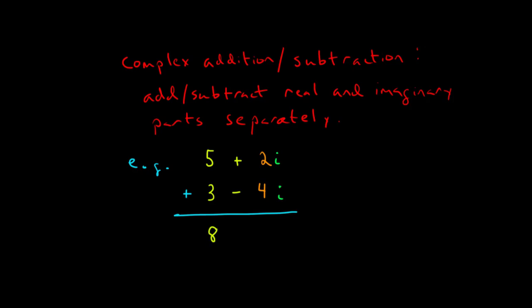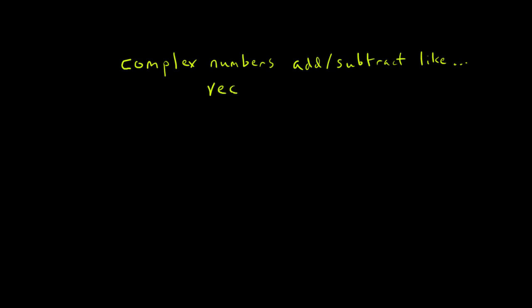I get 8, adding 5 and 3, minus 2 times i as my result. So what I'm getting at here is that complex numbers have a special addition and subtraction law that resembles vectors. They add and they subtract like vectors. What do I mean by that?